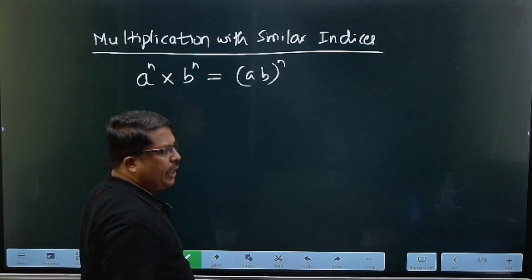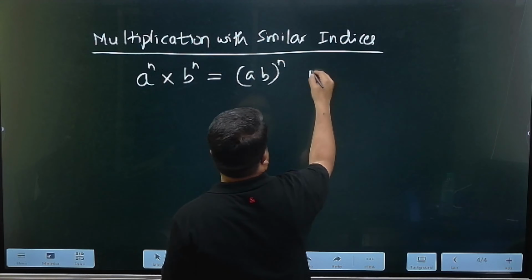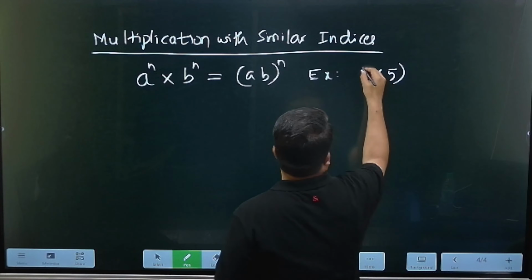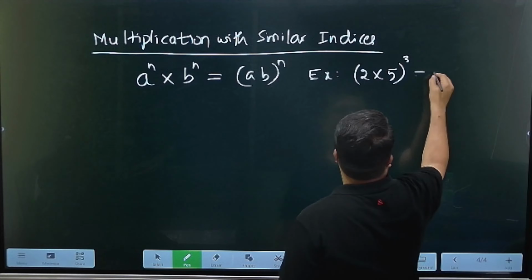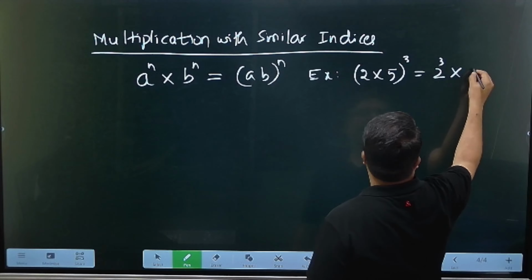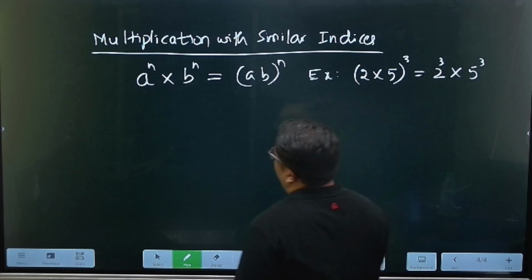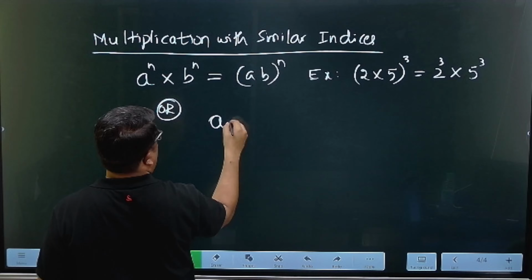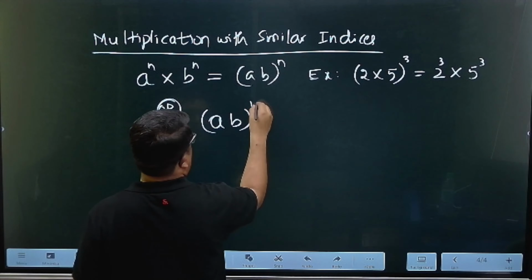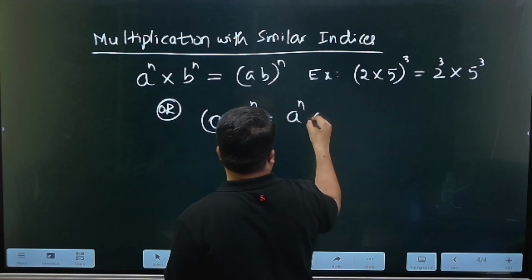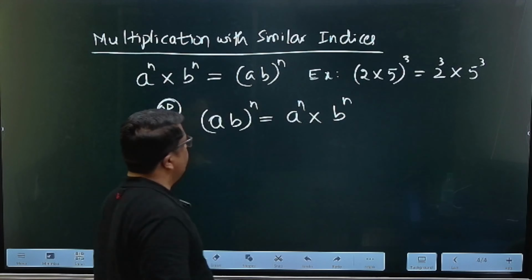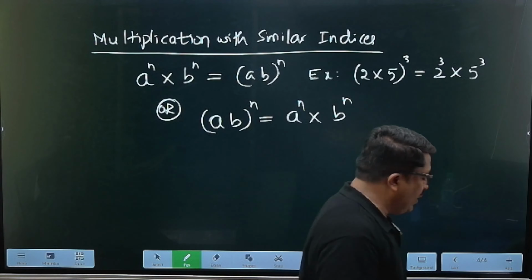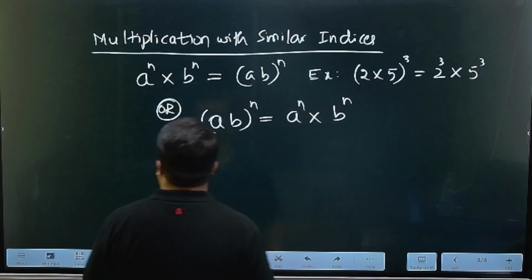ab raised to n. So students, an example for this is 2 into 5, raised to 3, is nothing but 2 to the power of 3 into 5 to the power of 3. So you can write like this also: ab raised to n is a raised to n into b raised to n. So this is one more law, that is multiplication with similar indices.